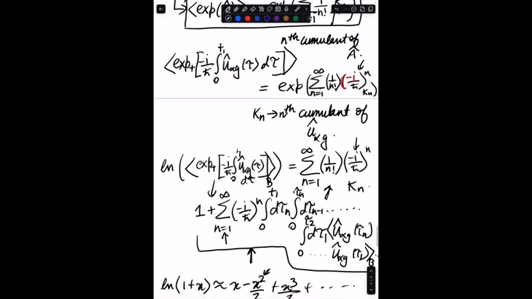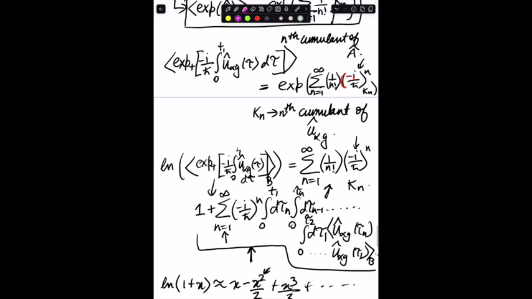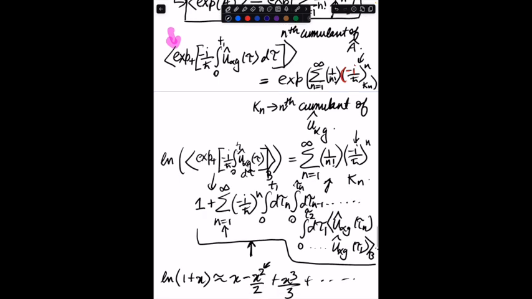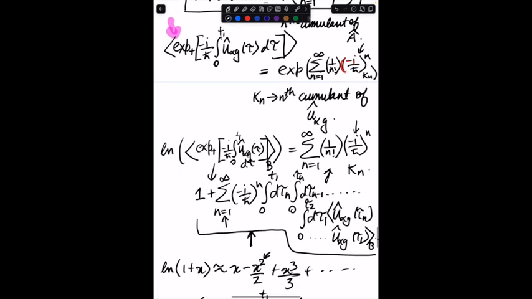So now we go back to this part here, and we wrote the expectation of the positive time ordered exponential as the exponential of the cumulants.